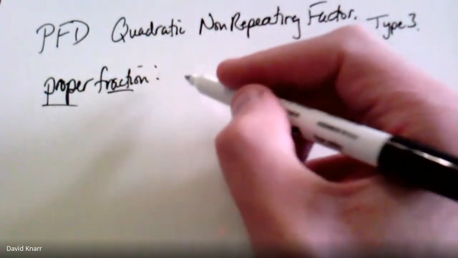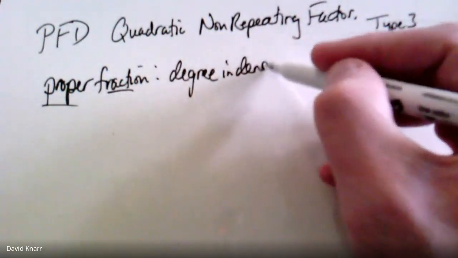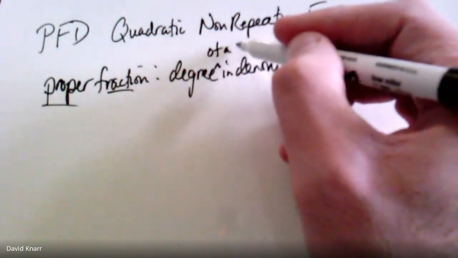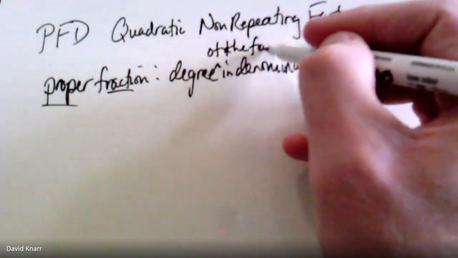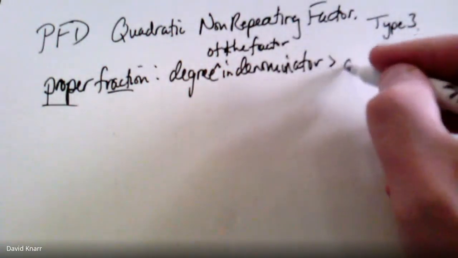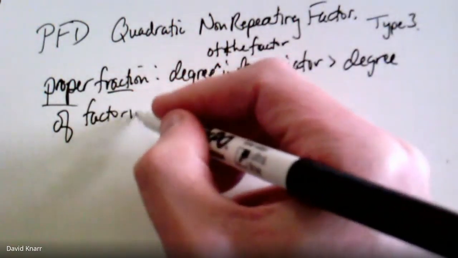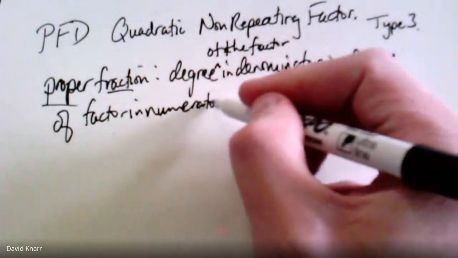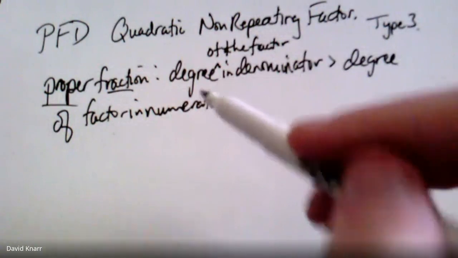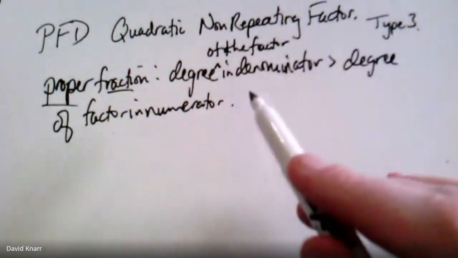A proper fraction was a fraction whose degree in the denominator, the degree of the factor, let's say, was larger than the degree of the factor in the numerator. This definition actually guided us through the first 2 types, and it will continue to guide us through type 3. So let me talk to you about how it actually guided us through.